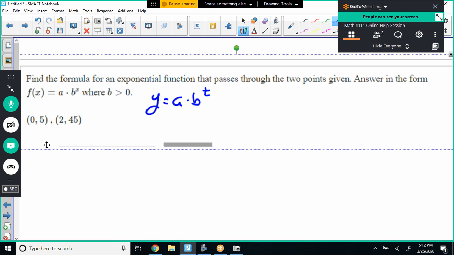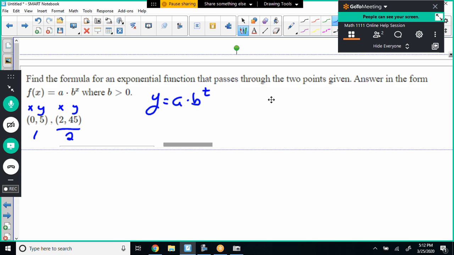The way that I teach it is you always put the second one over the first one, the second one over the previous one, because it's exponential, to tell you whether things are growth or decay. So you've got X's and Y's, right?